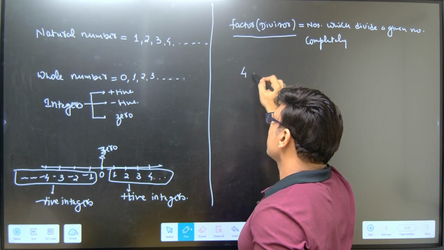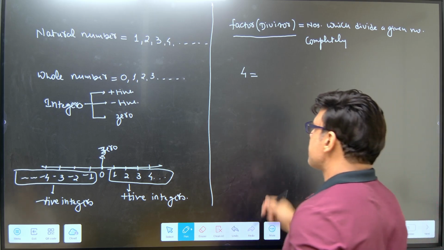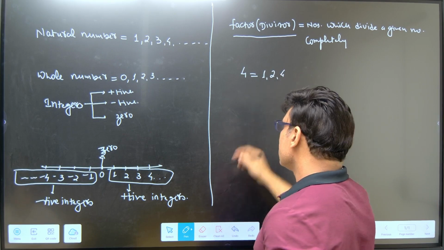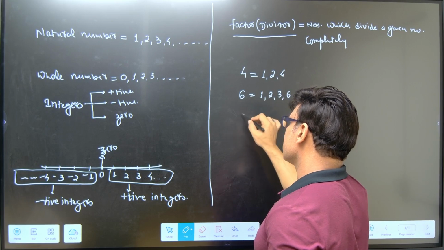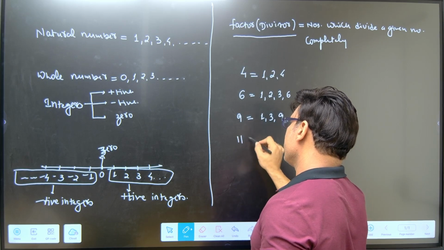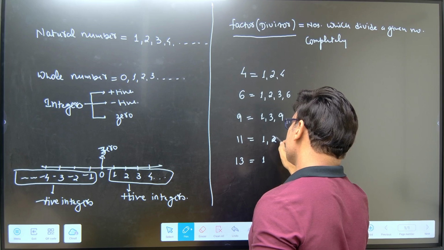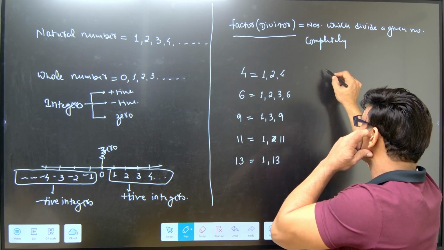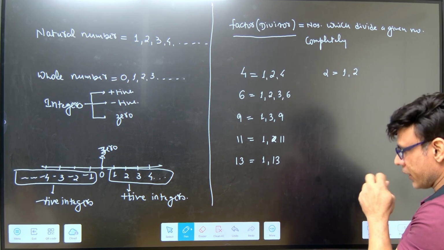For example, 4: 1, 2 and 4 divide it completely. Same way, 6 is divisible by 1, 2, 3 and 6. 9 is divisible by 1, 3 and 9. 11 is divisible by 1 and 11. 13 is by 1 and 13, and so on. 2 is divisible by 1 and 2. So these are called factors.